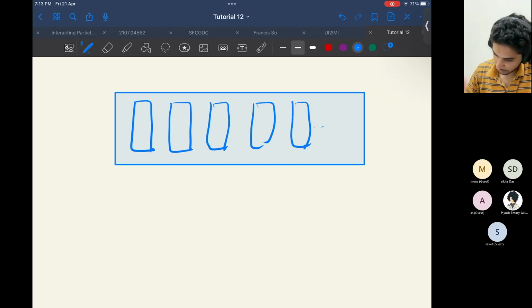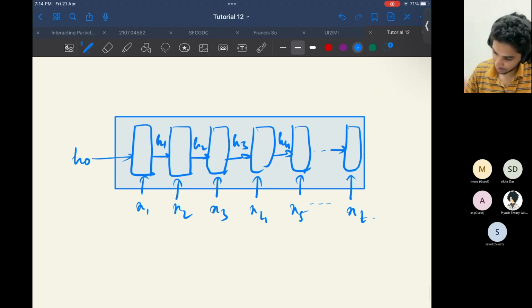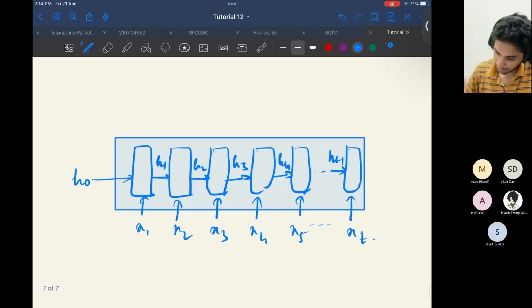You are getting some X1, X2, X3, X4, X5 till some XT, so you are giving something like this as input. So this is some H naught, this is some H1, this is H2, H3, H4, something like this, and this is HT minus one.